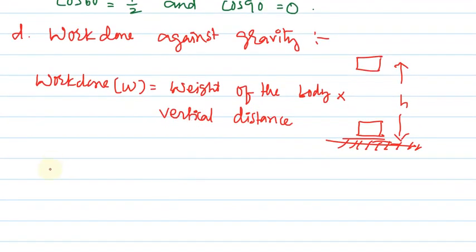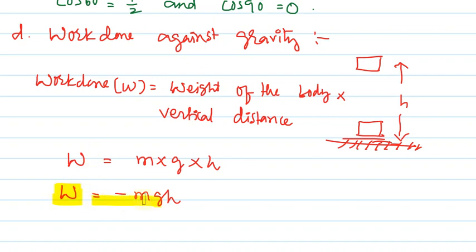We know that the weight of the body is nothing but mass into acceleration due to gravity, that is mg, and the vertical distance is nothing but the height to which the body is lifted, h. W is equal to mgh. But when work is done against gravity, then W is equal to minus mgh. This is the expression for work done when work is done against gravity.